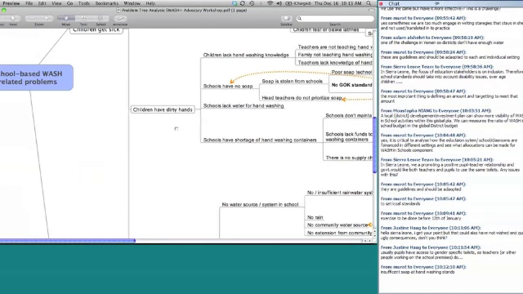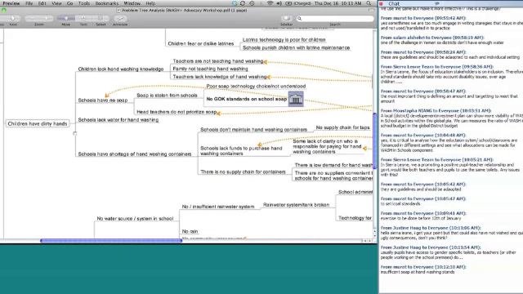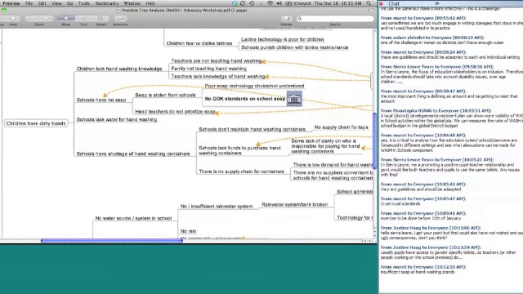And then, let's say for children have dirty hands, over here, we asked why. Why do children have dirty hands? Okay, could it be that children lack hand washing knowledge? Could it be that children have no soap? Could it be that schools lack water for hand washing, or schools have shortages of hand washing containers?